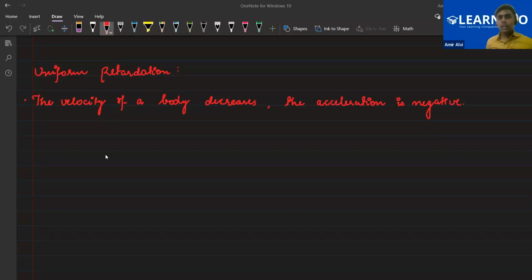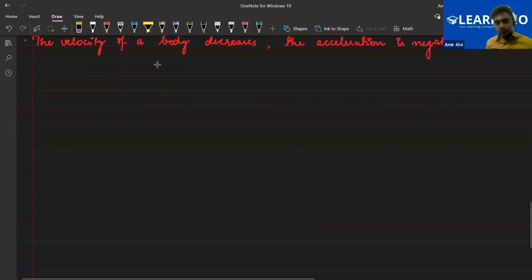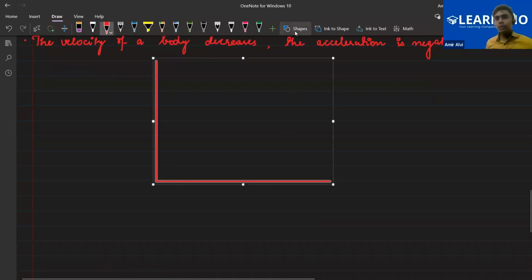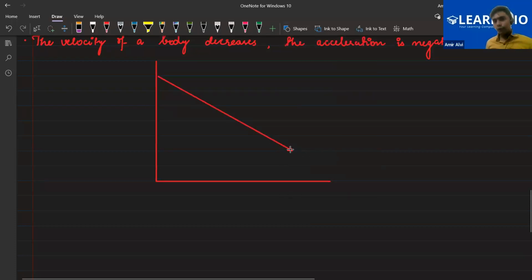Clear, everyone? Any doubt so far? For the graph of retardation, everything is the same, the unit and everything. Only the negative sign will be introduced, and the graph will be like this. It has some velocity, but it's a straight line, continuously changing.